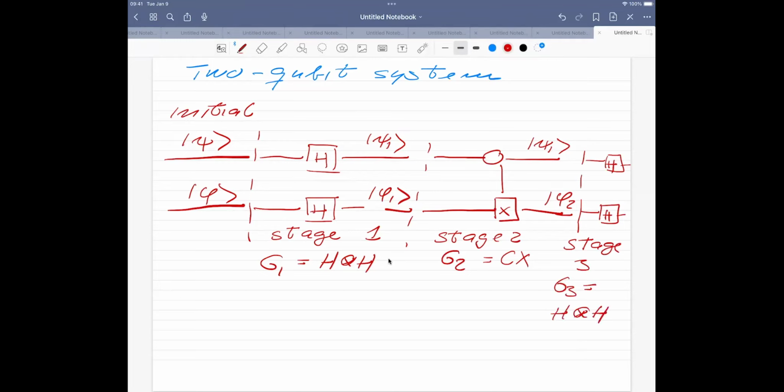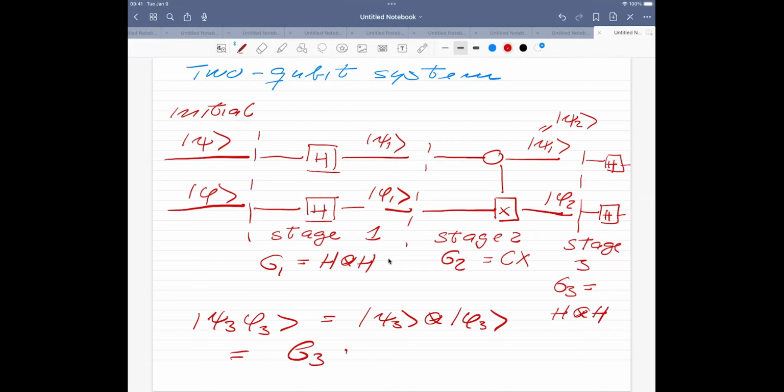So my final state, which then is a psi3 with a phi3. In this specific case, psi3 is equal to psi2, so they are the same. This is again given by psi3, hence a product with a phi3. We could write this out as G3 multiplied with G2 and multiplied with G1 and multiplied with the initial states, which are psi and phi.